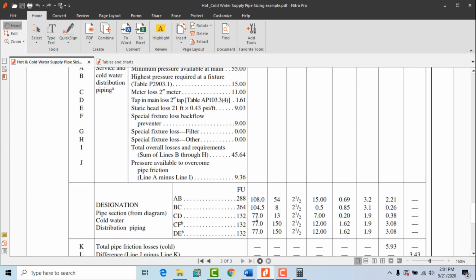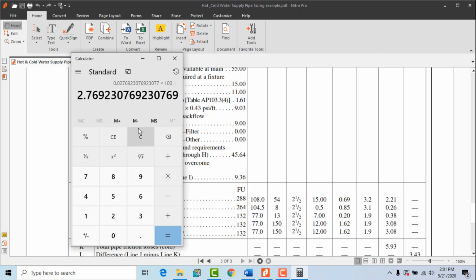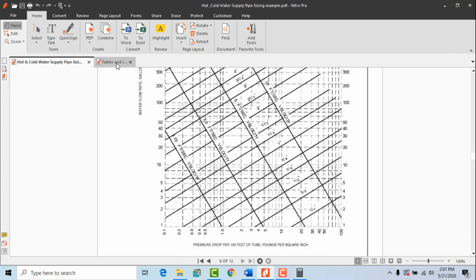Now the third one is C to D, C to F, and D to E. We have the same GPM, 77 GPM, and we know the average friction loss is 2.77 psi per 100 feet. So move back to our chart. 77 GPM is between 70 and 80. So just over here, 77 GPM and 2.77 psi per 100 feet.